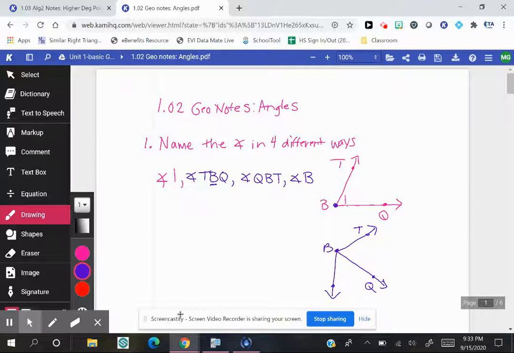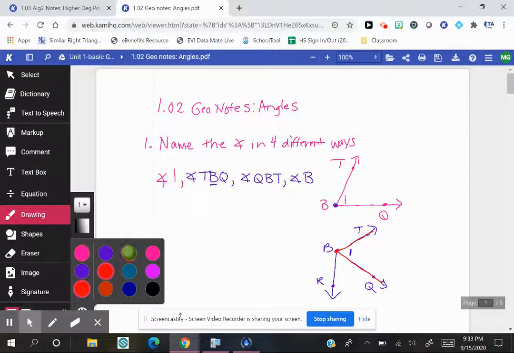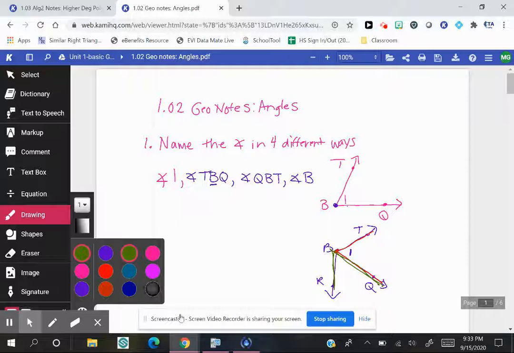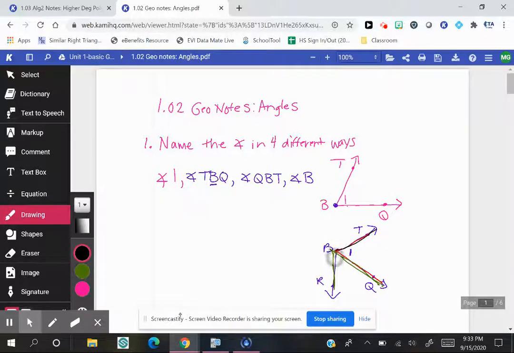Let's call it R. Now, this angle is still angle 1, but I cannot call any of these angles angle B because there's this angle that has a vertex of B. There's this angle that has a vertex of B. And there's also this big angle TBR that also has a vertex of B. So there's actually 3 different angles that all have vertex B.